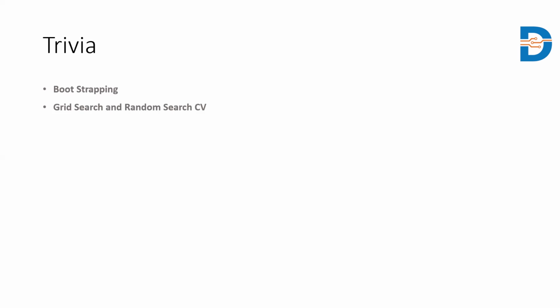Now, grid search and random search CV. CV stands for cross-validation. Grid search and random search are techniques used for hyperparameter tuning of our models. How are they connected to cross-validation?